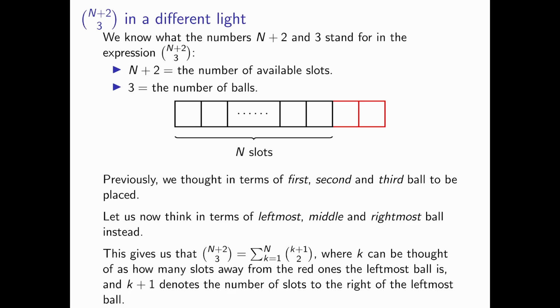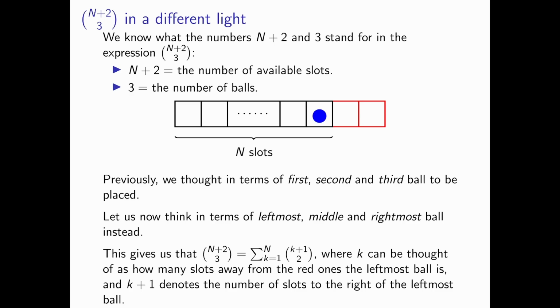So here we think about k as the number of slots away from the red ones the leftmost ball is. For instance, if the leftmost ball is right here, then it is just 1 slot away from the red ones. But if the leftmost ball is here instead, then it is 2 slots away from the red ones, and so on. And then k plus 1 simply denotes the number of slots to the right of the leftmost ball.